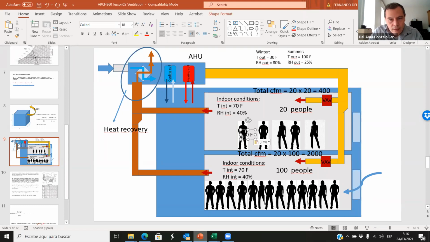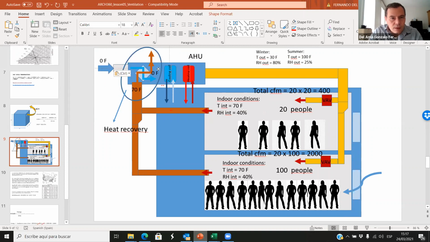The temperature at this point would be 70 Fahrenheit. If we have the outdoor air here, that would be 0 Fahrenheit. It's outdoors. And what is the temperature here after the heat recovery? Well, it would be something between 0 and 70. Probably would be an average.